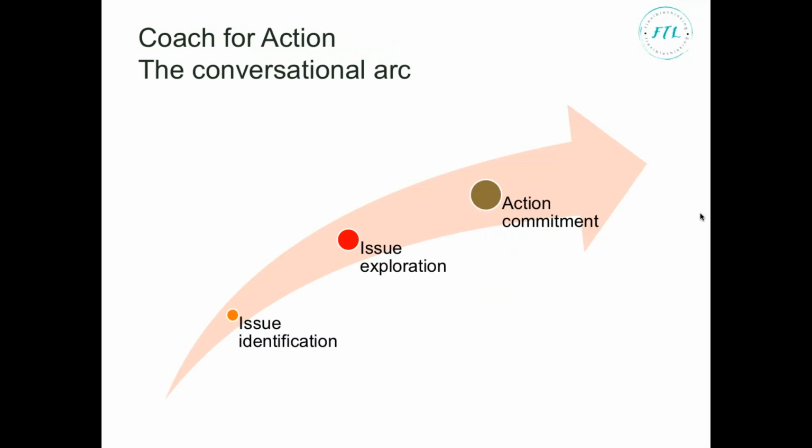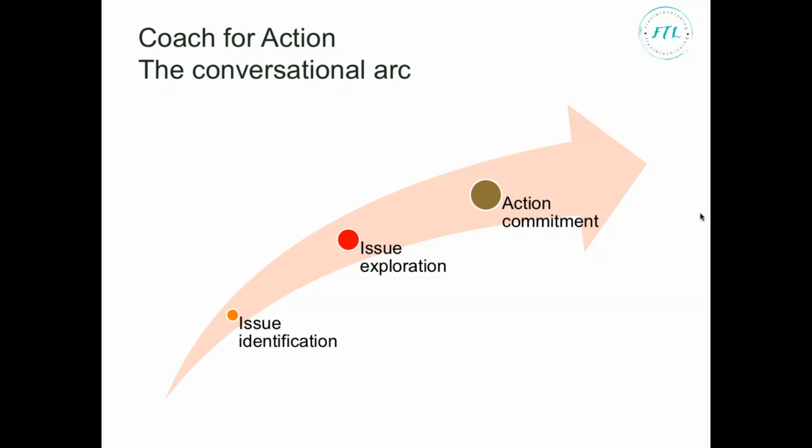This silly little arc with three little bullet points is absolutely fundamental to coaching, to the role of a coach. It's a conversational arc. It's basically how we do coaching. We work with an individual or a team to identify issues.